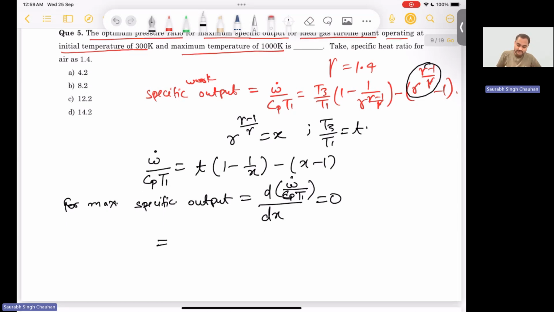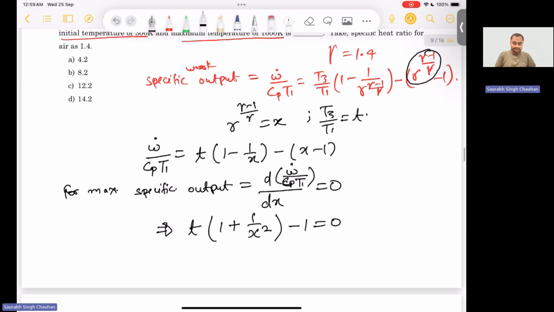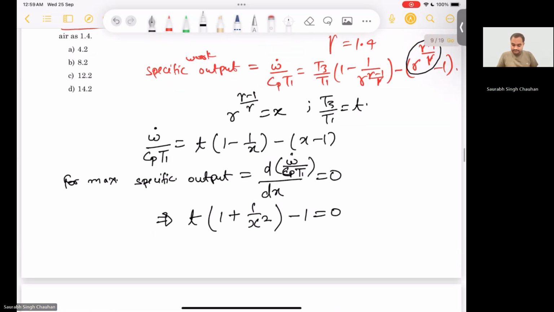Now you can easily differentiate this, a mathematics question: t times 1 by x square, and this will become plus minus 1 is equal to 0. So you have 1 plus x square is equal to 1 by t, right?